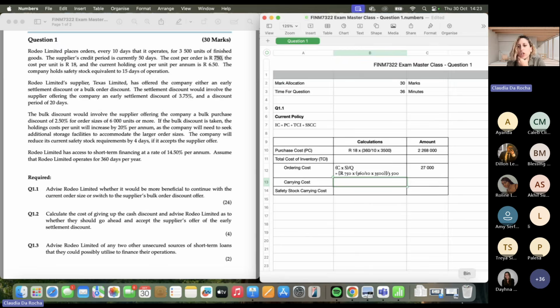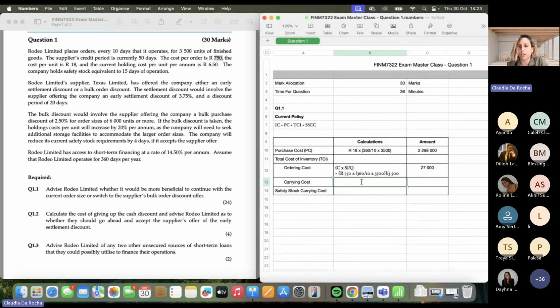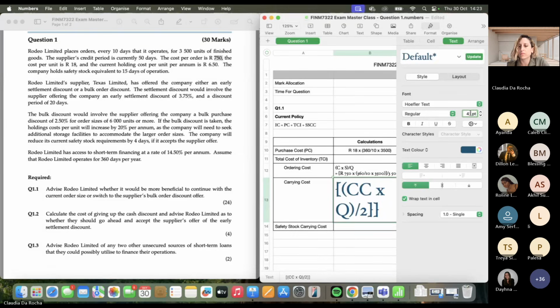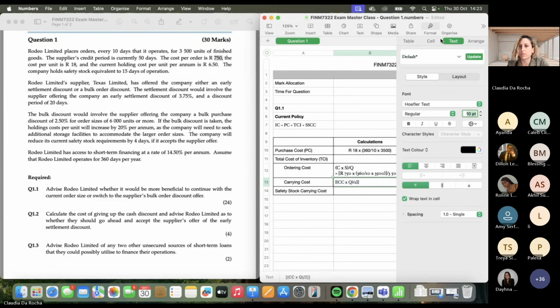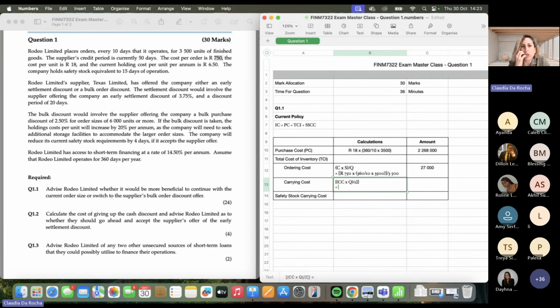Then we go to our carrying cost. We need to bring in the formula for our carrying cost. Remember we said carrying cost is your carrying cost times your quantity divided by 2. So that's our formula, and we go to our question. We know that the holding cost, which is the same as carrying cost, is R6.50. We then multiply by the quantity.